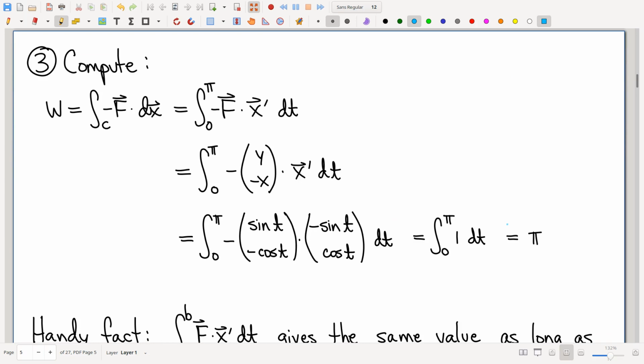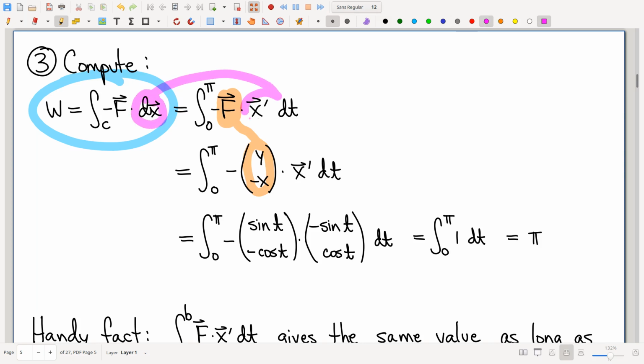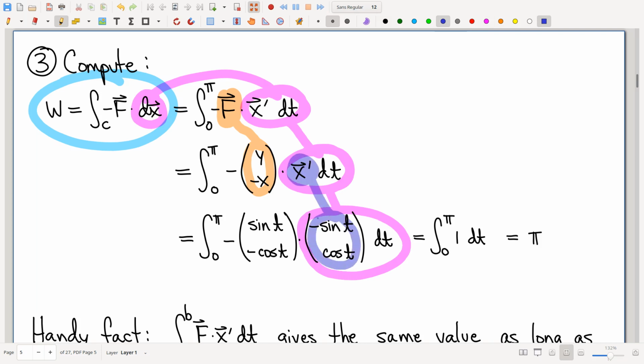So our original integral is this. Our vector field was given to be that. Our dx is x prime dt. Our x prime we computed already. X prime on the previous page was that.